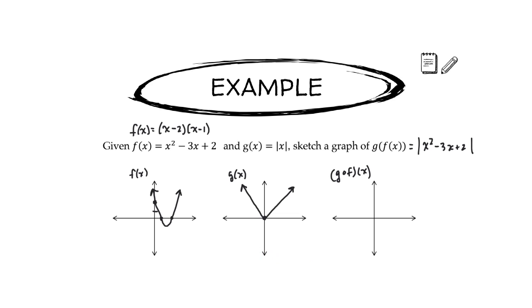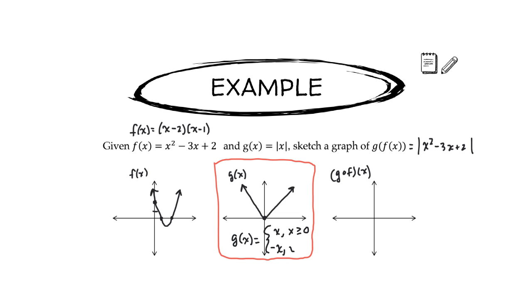The key to answering this question is understanding how this absolute value function works and why it looks like a V. You see, the absolute value function, g of x, does one of two things to an input. It either leaves the input alone if the input is greater than or equal to 0, or it changes the sign of the input if the input is less than 0.